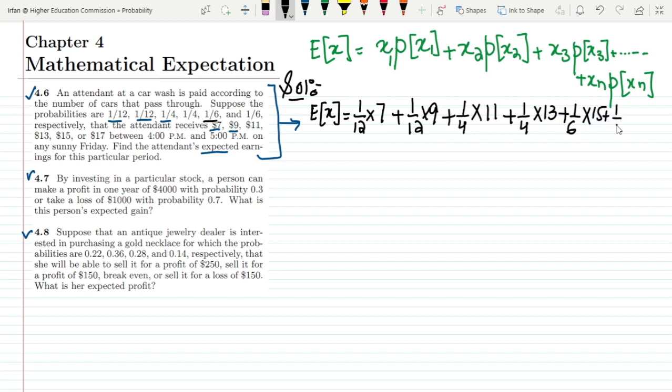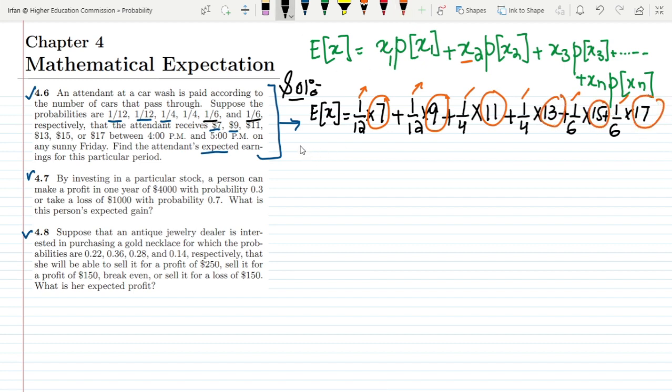And the last one is again 1 by 6 with the value it has, and that is 17. So this is the formula which we had here, because this is p(x1), this is p(x2), this is p(x3), p(x4), p(x5), p(x6), while this is x1, x2, x3, x4, x5 and x6.